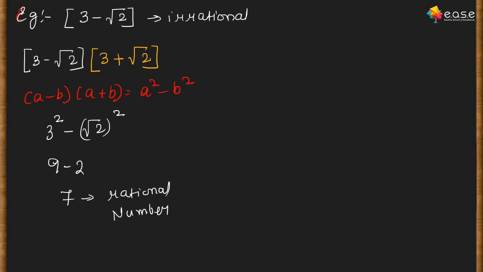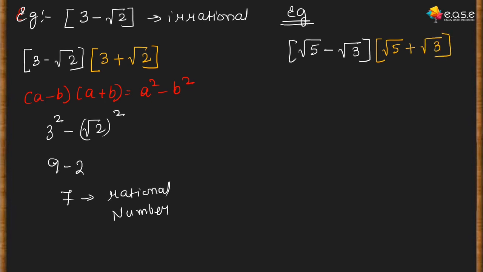Likewise, suppose you are given root 5 minus root 3. Then we have to rationalize this. How will you rationalize this? You will multiply this entire number with same digits but opposite sign, correct? Again, which formula are we going to use here?